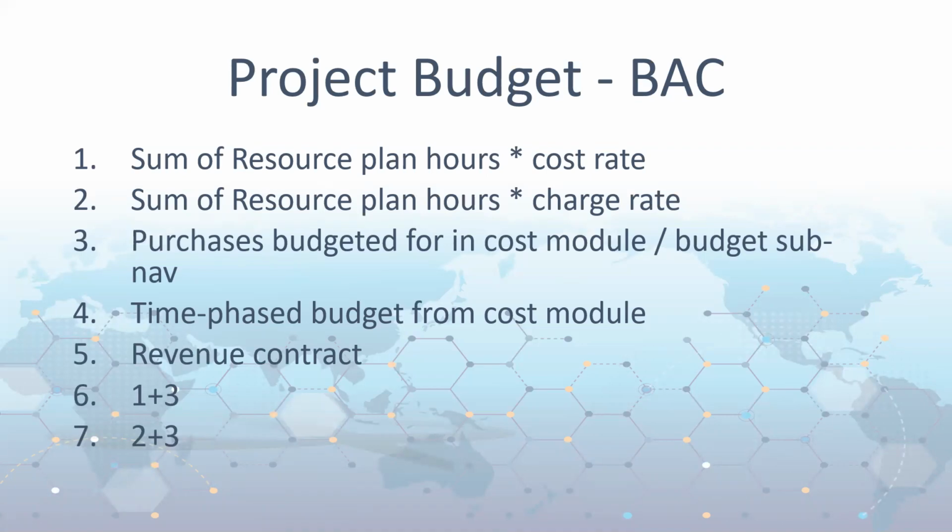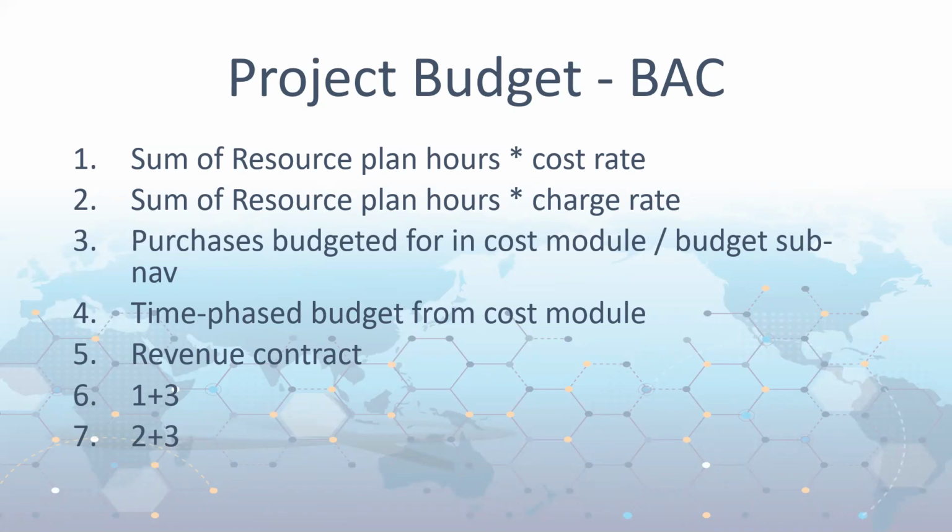Often what you'll need to do is combine 1 with 3, so your effort with your purchasing, or if you're doing it on a charge rate basis because you're reporting earned value from the client's perspective, the person actually paying the money, they'll be paying the charge rate, and so you'll be doing that charge rate plus the purchases that you're doing for that project.